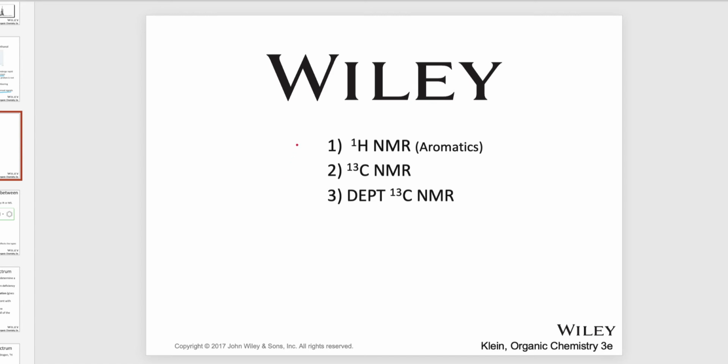Basically, there are 3 more parts, although they're rather brief. We're just going to look at proton NMR, and just at aromatics, and I'll show you something that can help you in making assignments.